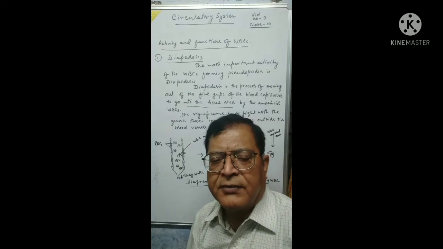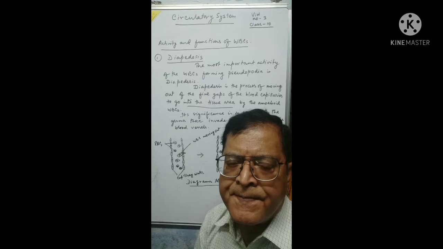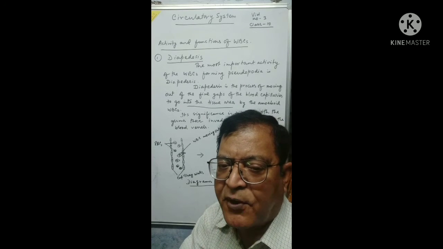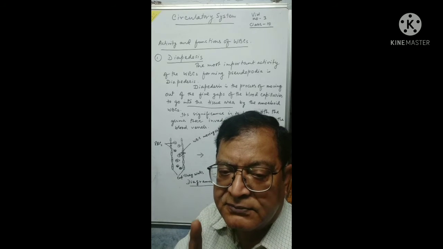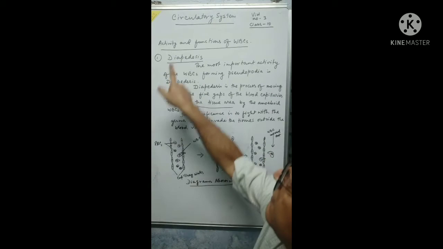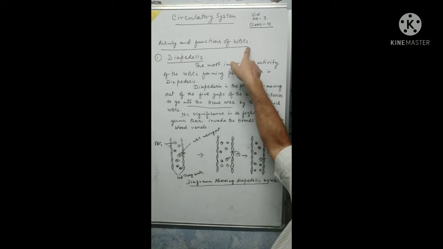Now we come to the functional activity of WBCs. Of all of them, the most important activity is the process called diapedesis. Let us see the activities and functions of WBCs.